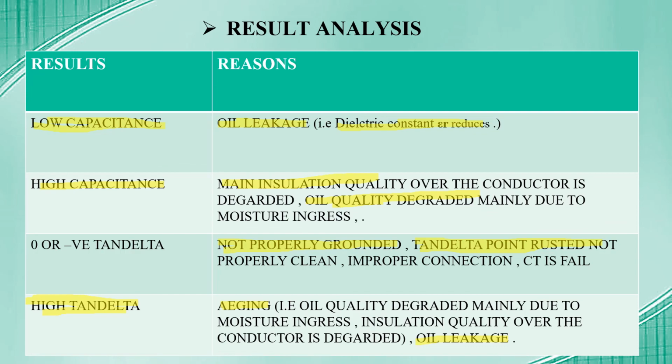The third one is if proper connections are not provided or tightened. And after these three things have been attended to properly, if we are still getting a zero or negative tan delta value, then we can say that the CT has failed.